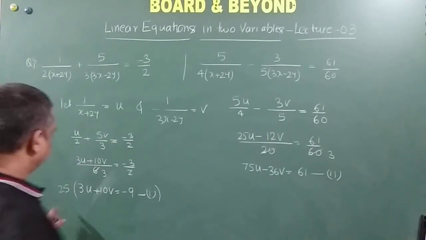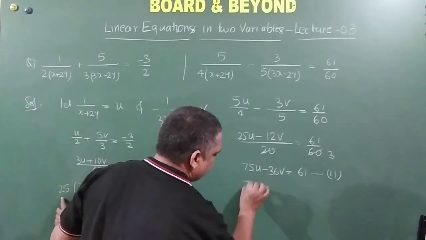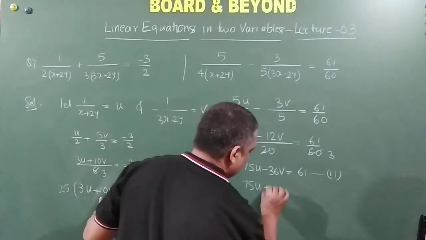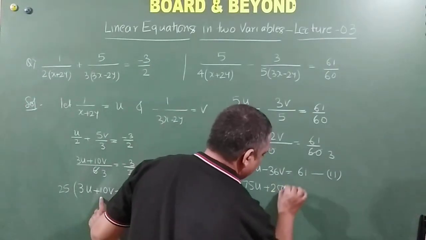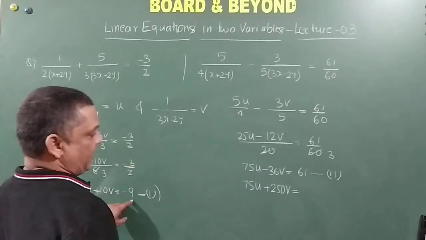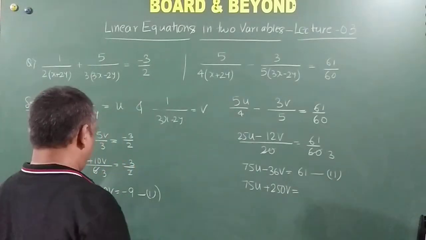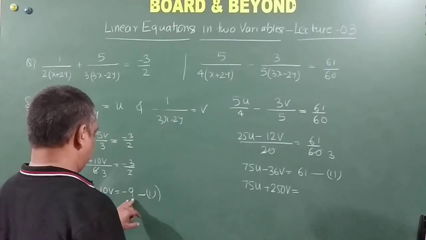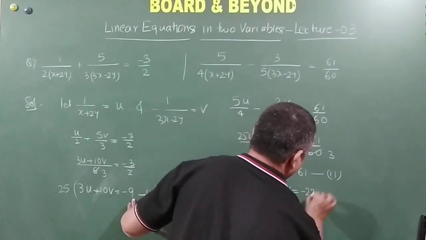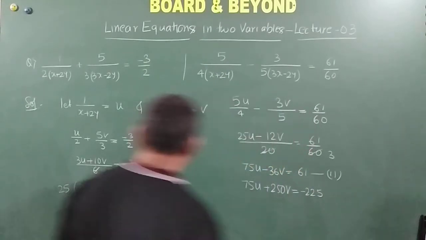So this becomes 75u and this becomes plus 250v is equal to 25 into 9. How much? 225. That is minus 225.